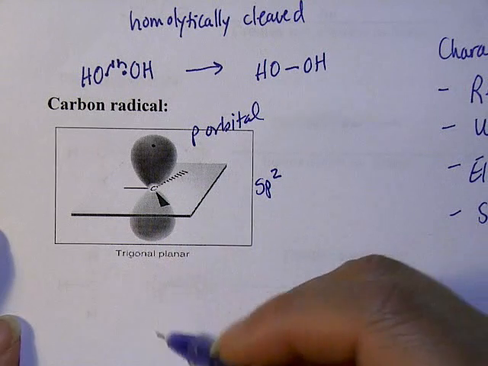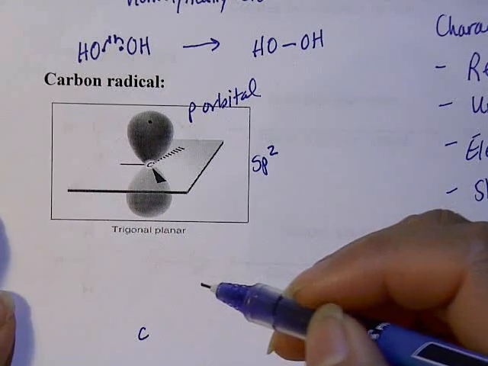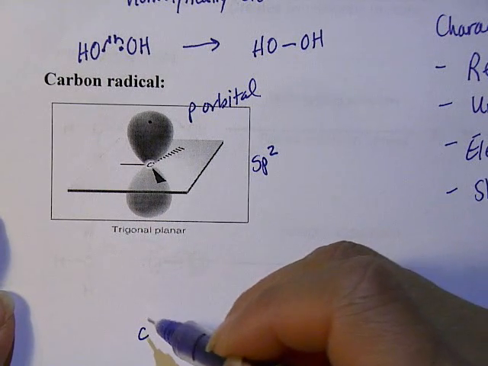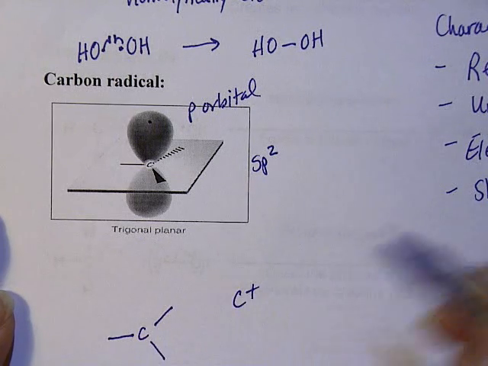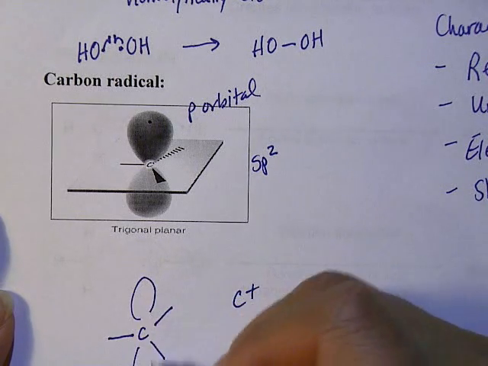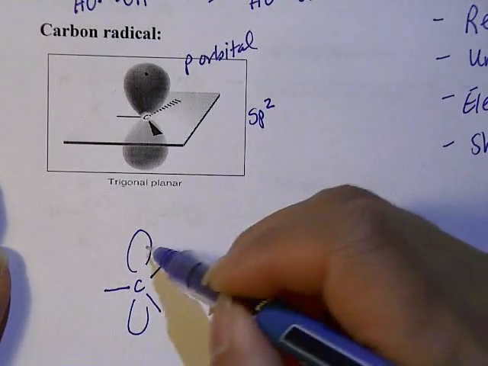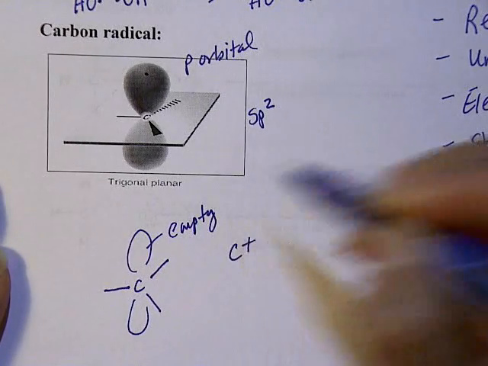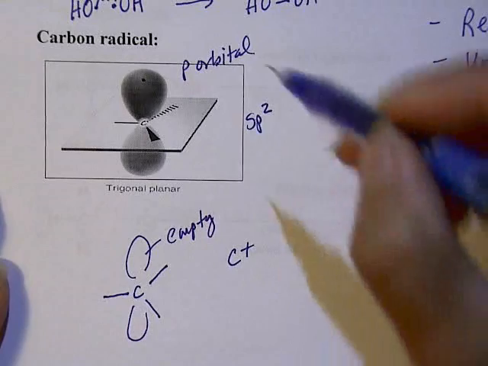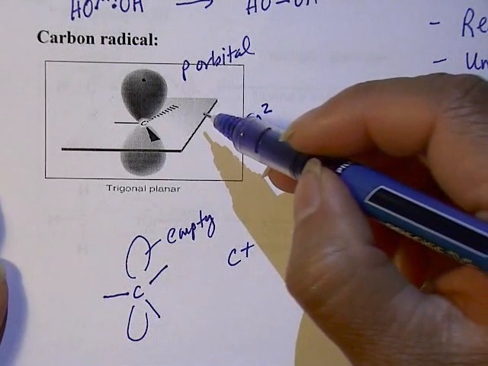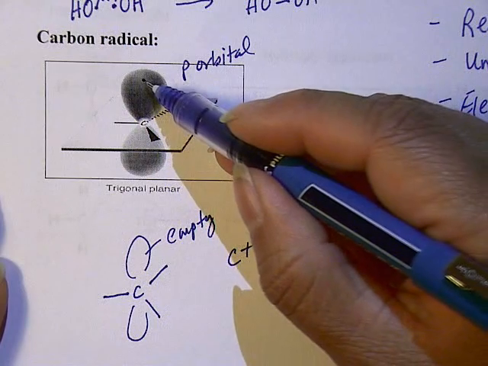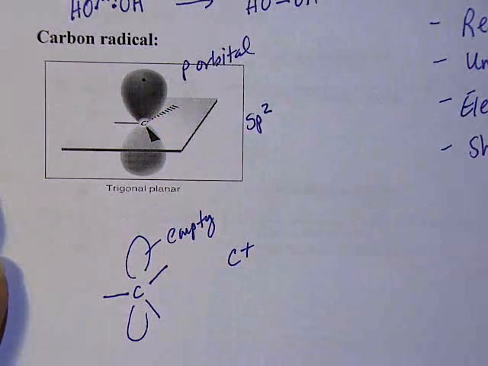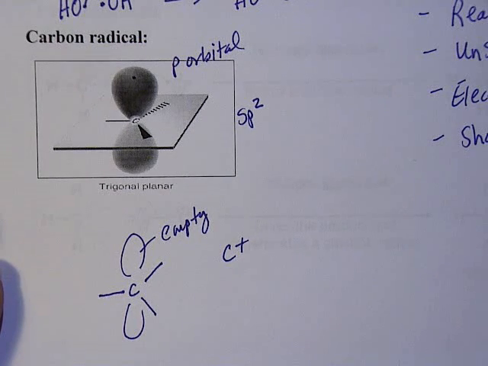Think of it as if you're looking at the carbocation, then the p orbital would be empty. Here in the carbon radical, the p orbital has 1 electron in it, as you can see in that dot.